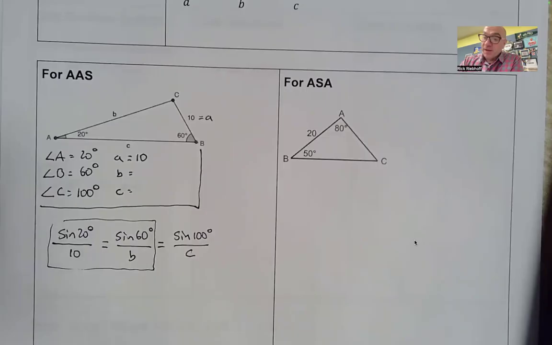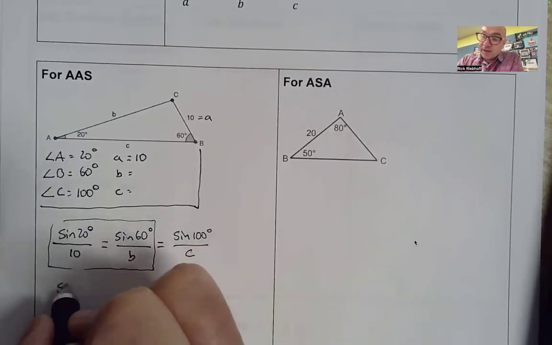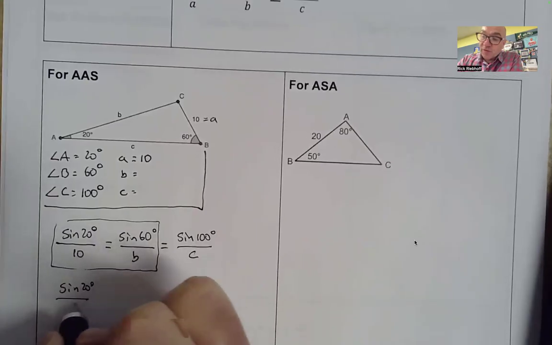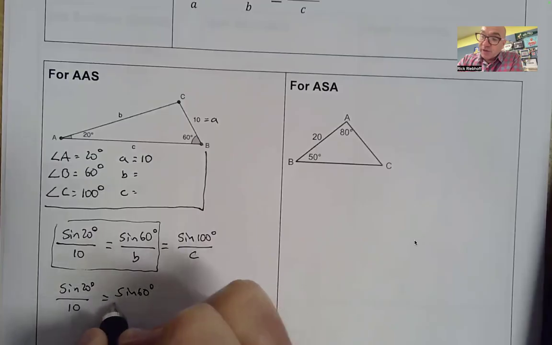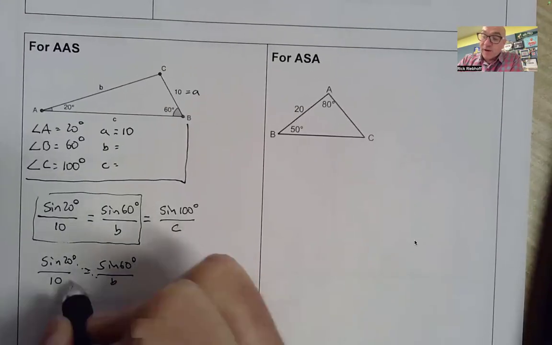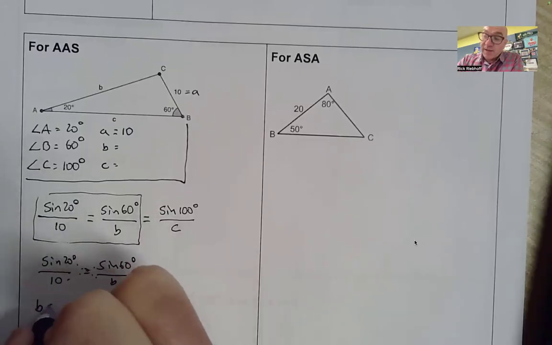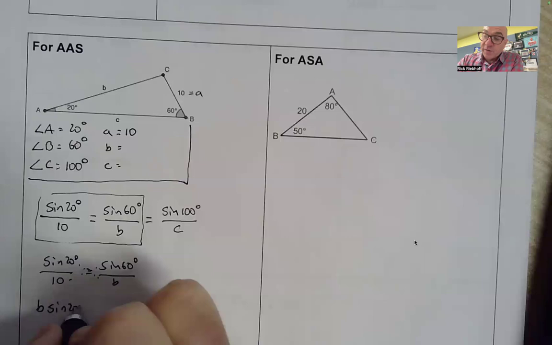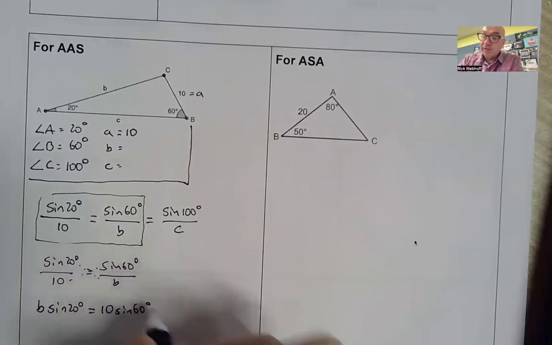All right. So to solve for B here, let's write this down again. Sine of 20 degrees over 10 equals sine of 60 degrees over B. I think a good first step, when we have fraction equals fraction, is to do cross products. So B times sine of 20 degrees equals 10 times sine of 60 degrees.